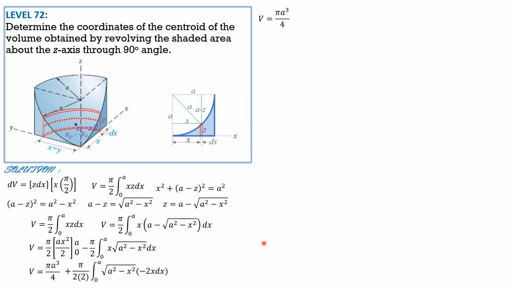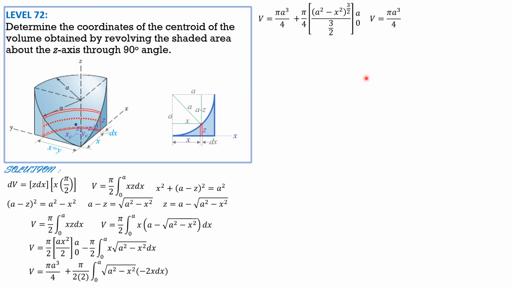So volume is pi a cubed over 4 plus pi over 4. Then we have u, a squared minus x squared to the 3/2 over 3/2 from 0 to a.